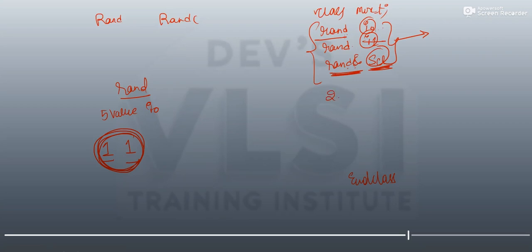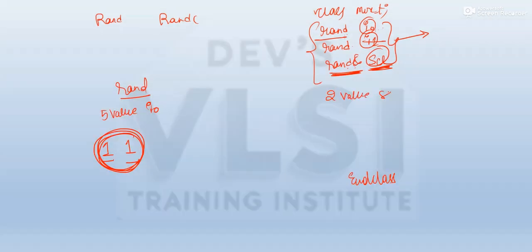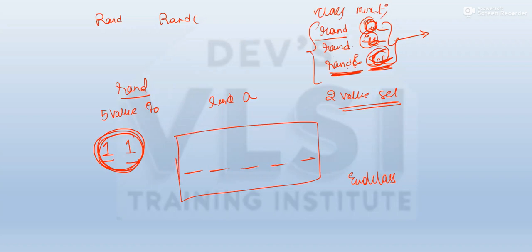If I want to generate 2 random values for the select line, just imagine like this. Or else, let's not take the multiplexer, let me take some variables a, b, c. For a, I want to generate 5 values, 1 2 3 4 5. A is declared as rand, correct? When I want to generate 5 different values, I may get 44, 45, 100, 200, and there is a possibility that I may get the same value once again.